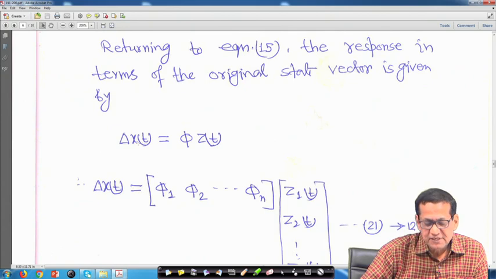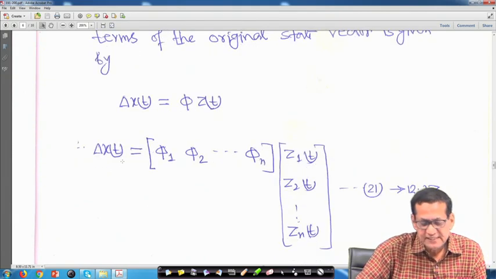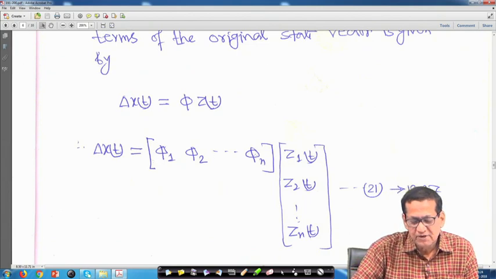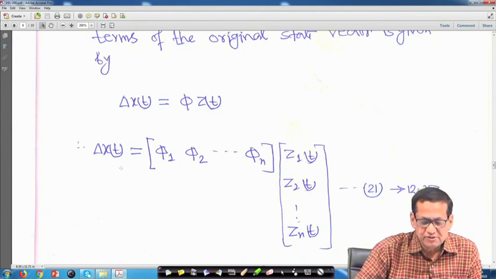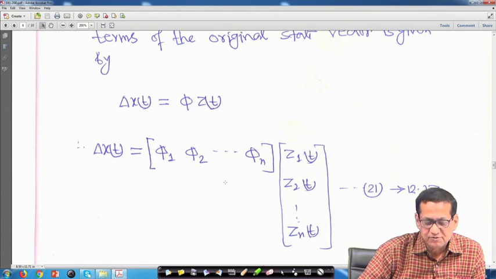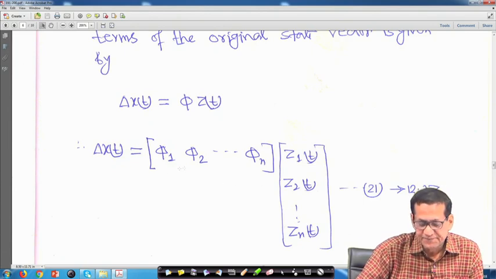So the same equation we can write as delta x t is equal to phi z t, where delta x t is equal to phi 1, phi 2 up to phi n, multiplied by z 1 t, z 2 t up to z n t. This is equation 21. This way you can write delta x t in terms of z 1, z 2 up to z n t.